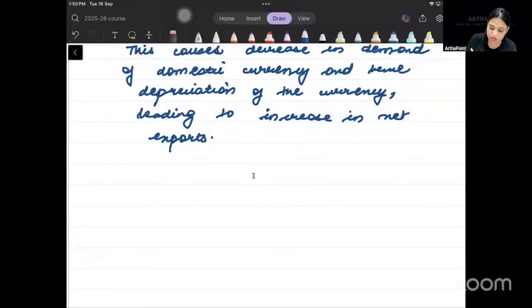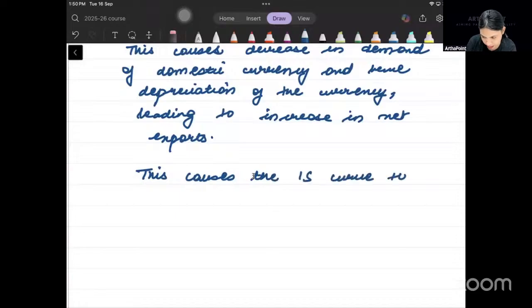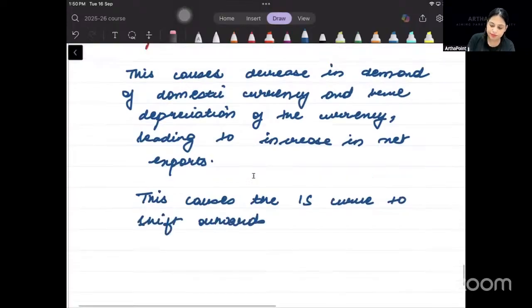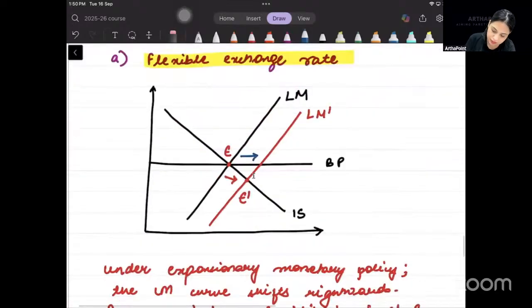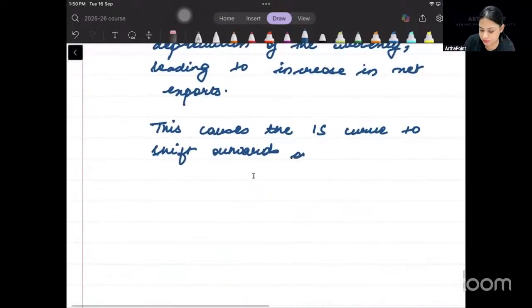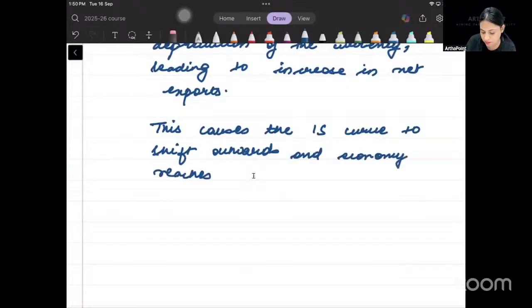When the net exports increase, this causes the IS curve to shift outwards, and the economy reaches equilibrium at E double dash.